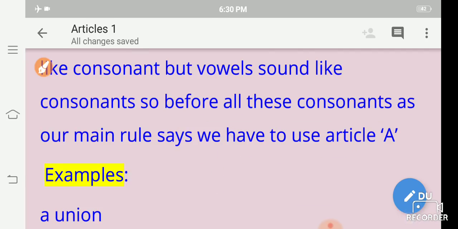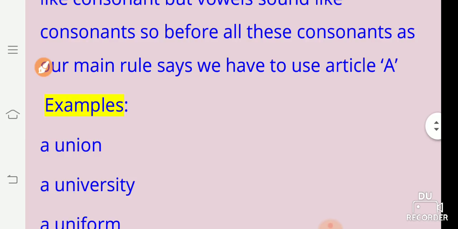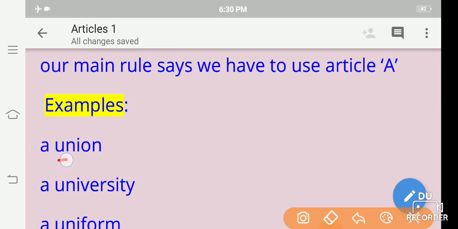Here are the examples. A union. You can observe the beginning of the word union, U. As we all know, U is a vowel, but when it is pronounced, it sounds like ya, union. A ya sound is produced here. Hence, we have to use article a before union. A union, not an union, friends.